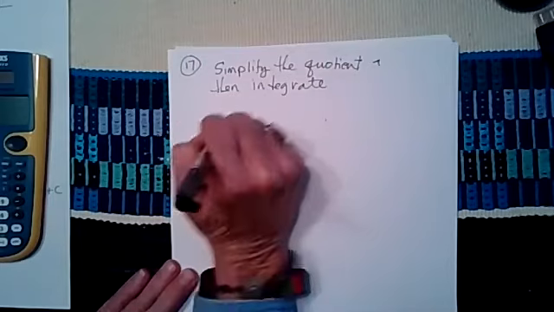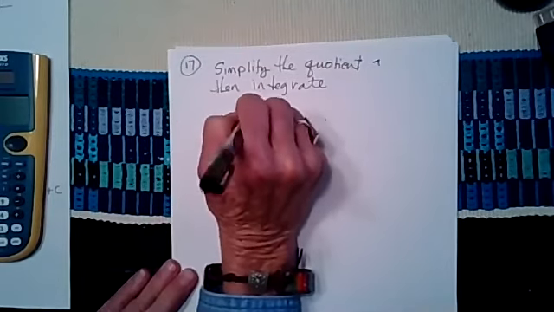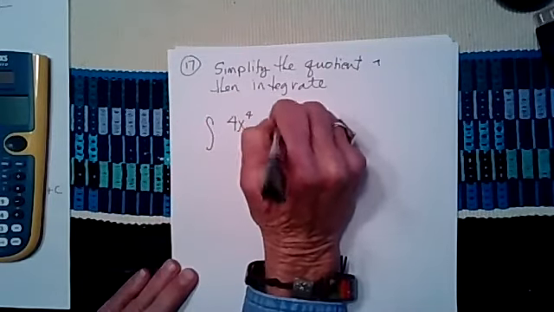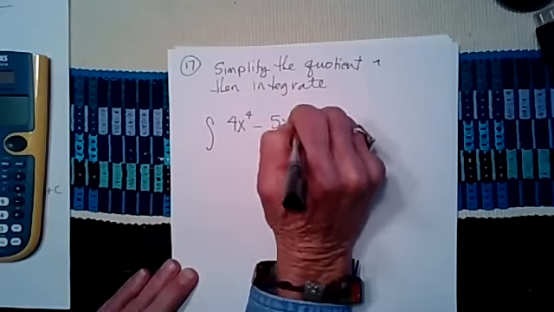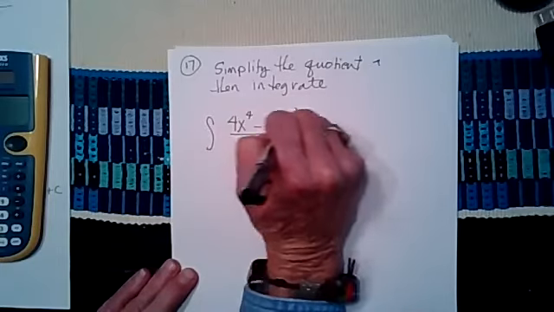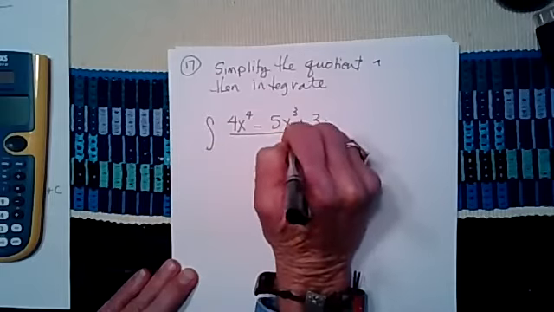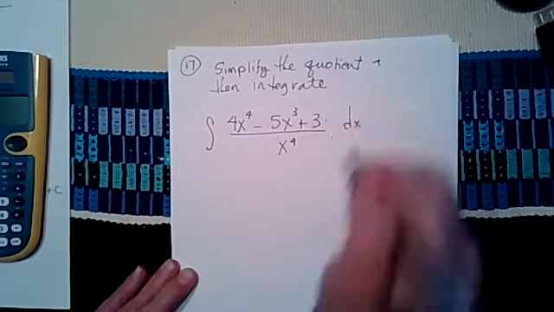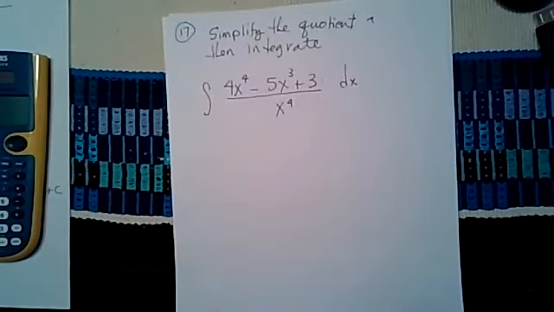So it's the integral of 4x to the 4th minus 5x cubed plus 3, and it's all over x to the 4th. Okay? All right, simplify the quotient.